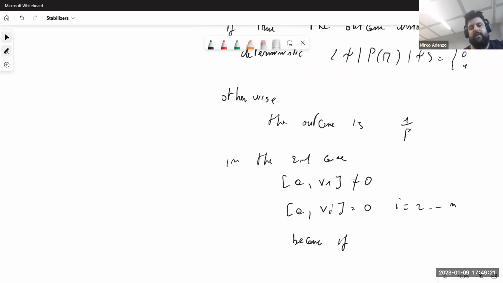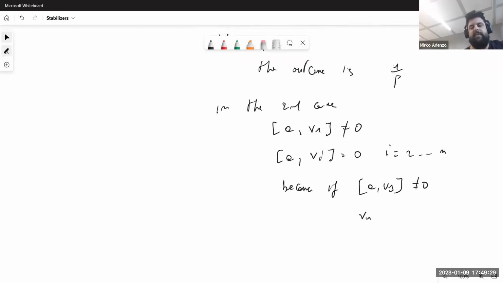If you have A·V_j different from 0, you can update V_j to λV_1 + V_j such that A·V_j is equal to 0. When you do this update, you're still describing the same stabilizer state, and it's just a trick to make the description a little bit easier.